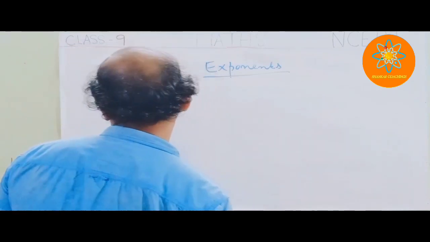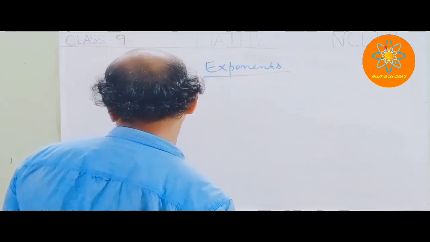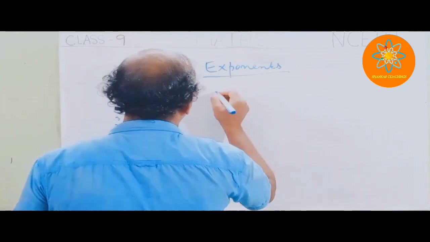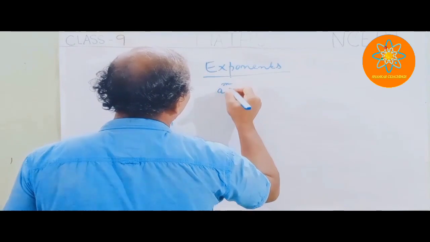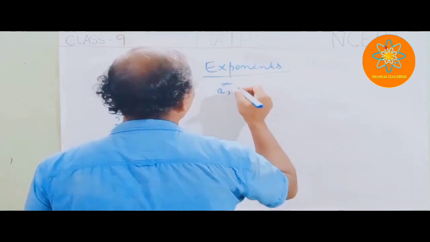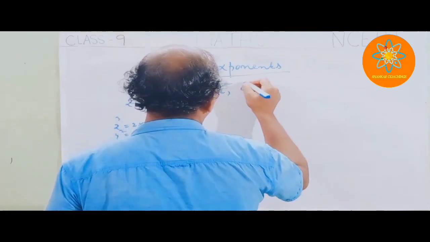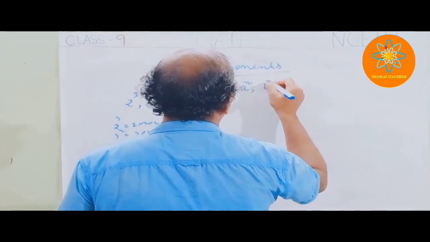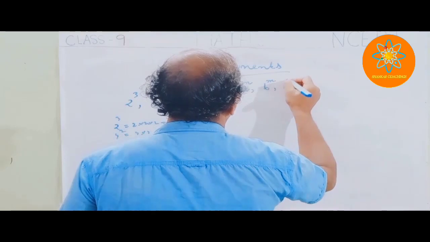In the general way, we will see some formulas. Let's suppose the numbers are given as a to the power m and a to the power n. Similarly, we have b to the power m and b to the power n.